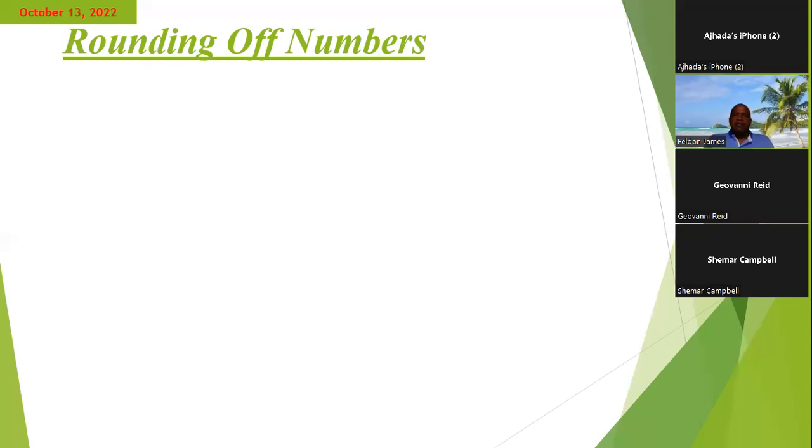All right, so first and foremost, in rounding off, we need first to determine what value we're rounding to. Based on what value is more meaningful to our answer, we'll decide what value to round to. Now, rounding off depends on the number that comes after the value rounding off to.